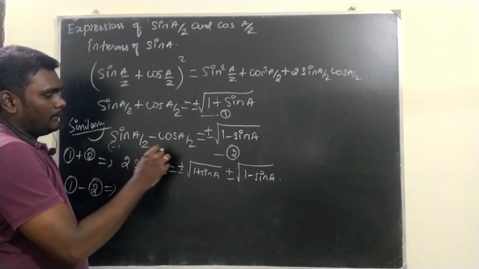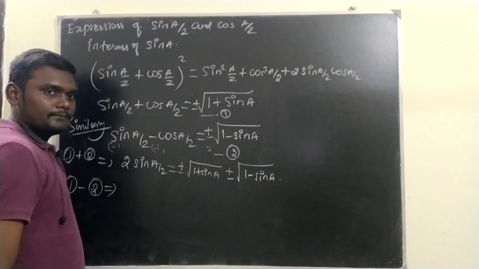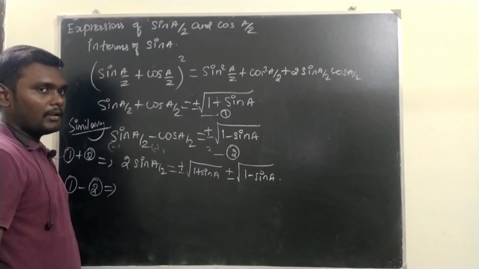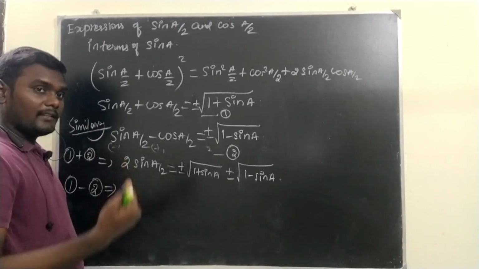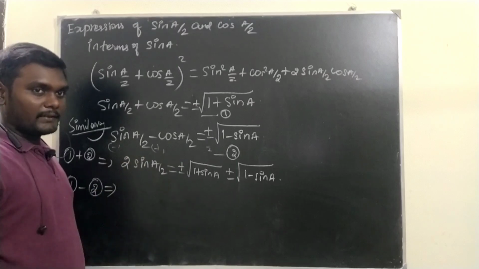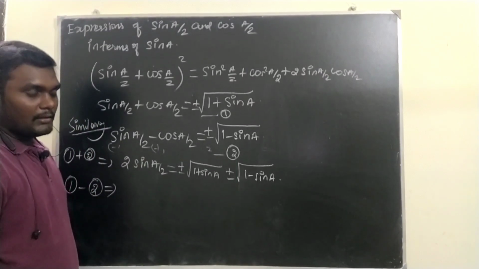Here minus, here plus will come. Here also plus or minus will change as minus or plus when you multiply with minus. Both are not the same: plus or minus is different, minus or plus is different. Plus or minus, first plus, next minus. Minus or plus, first minus, next plus. That is how it will change.